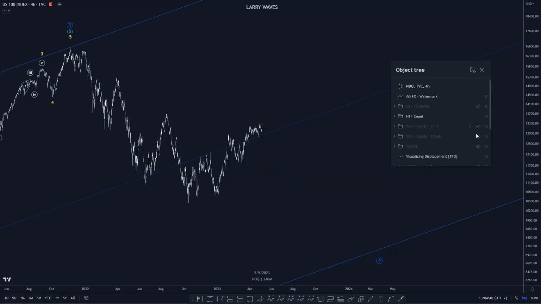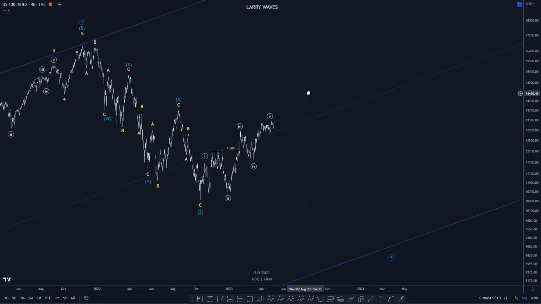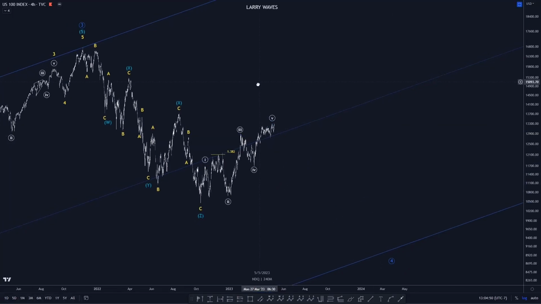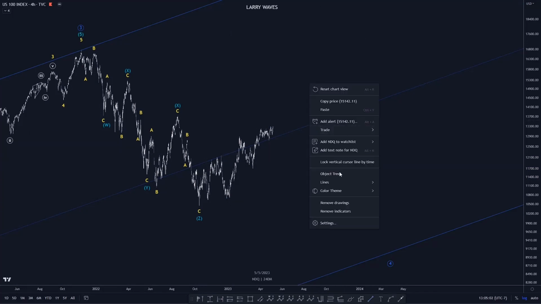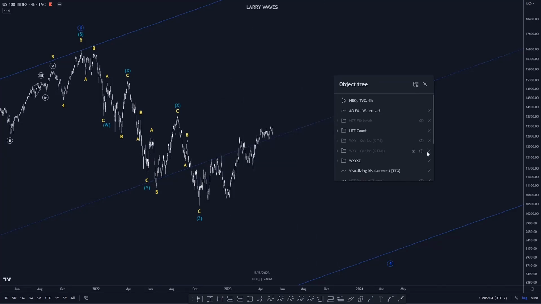And I'm really not sure on this bullish count. We could even put this into a diagonal, just like how we are with the ending. Instead of an ending diagonal, this could be a leading diagonal.